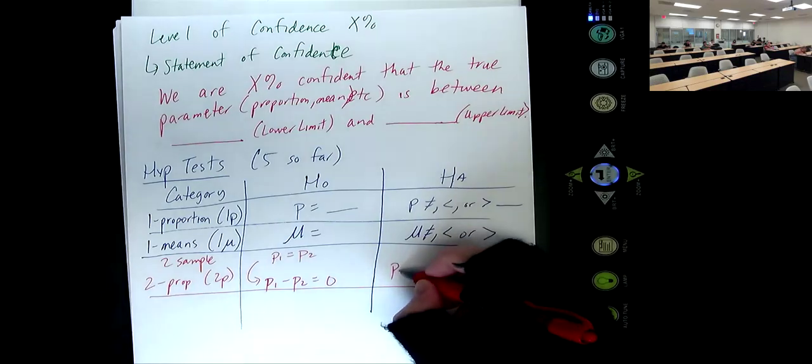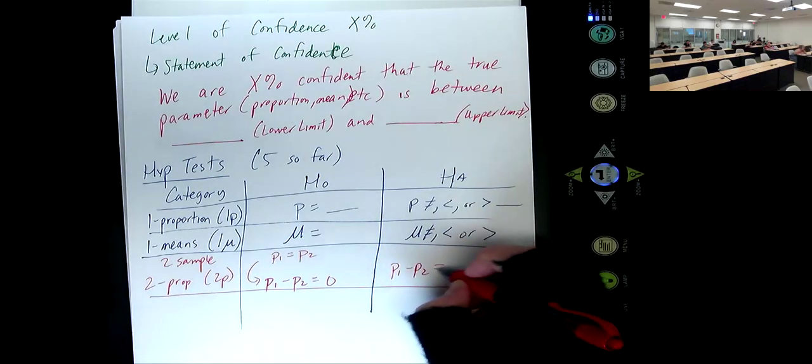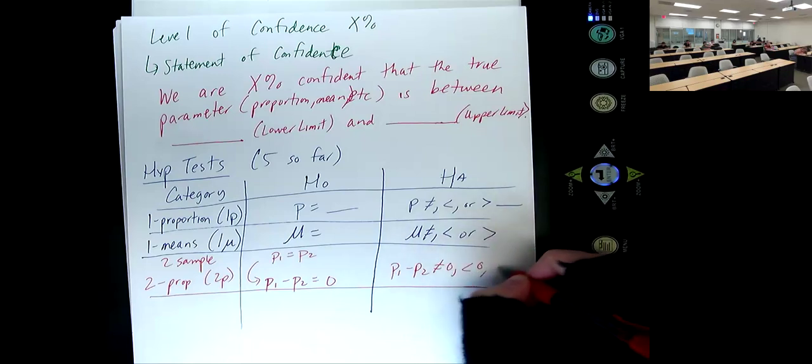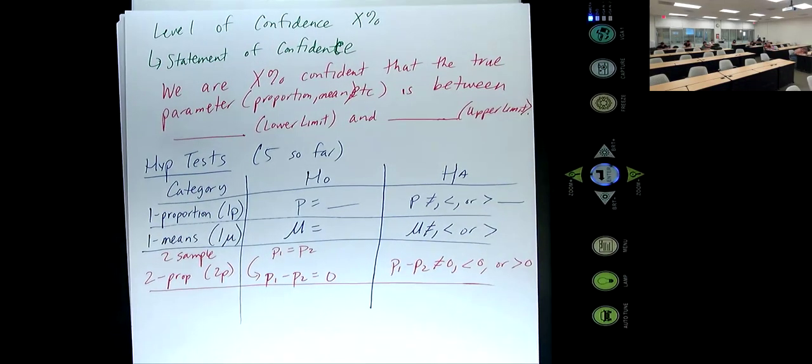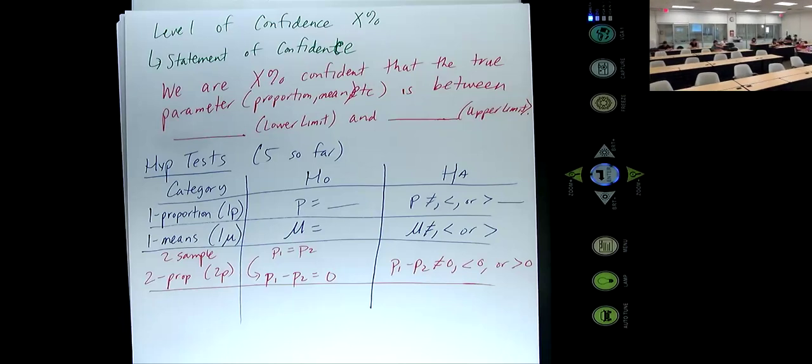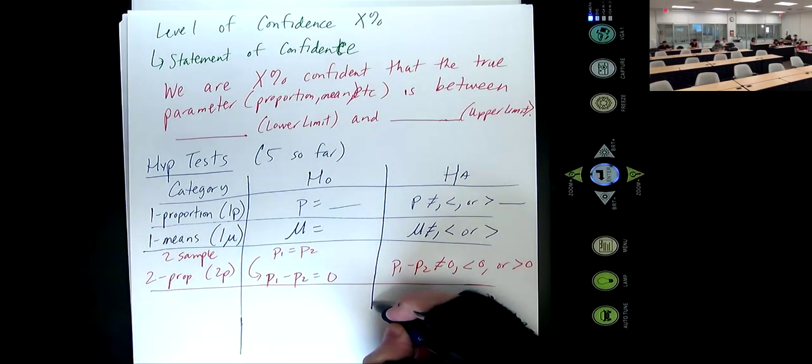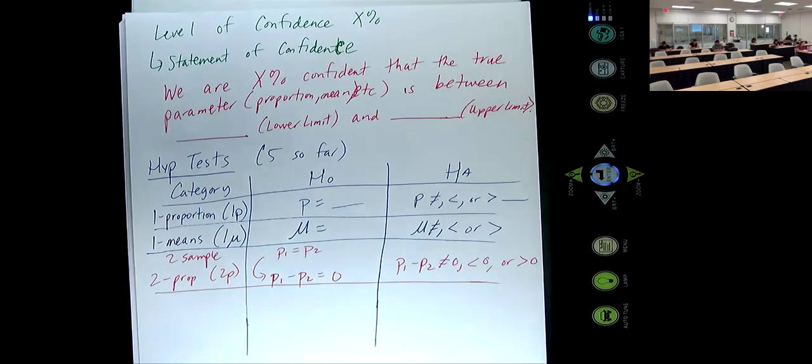And here P1 minus P2 doesn't equal 0, it's less than 0, or it's greater than 0. That's our proportion category.